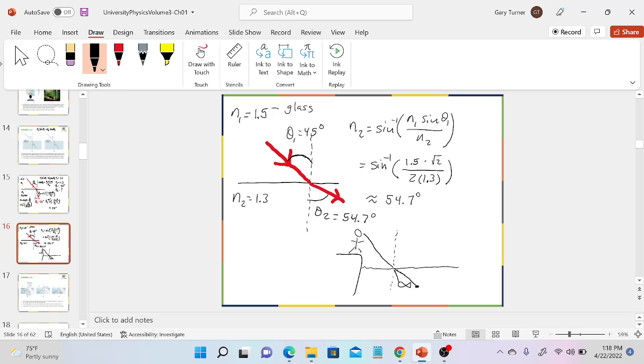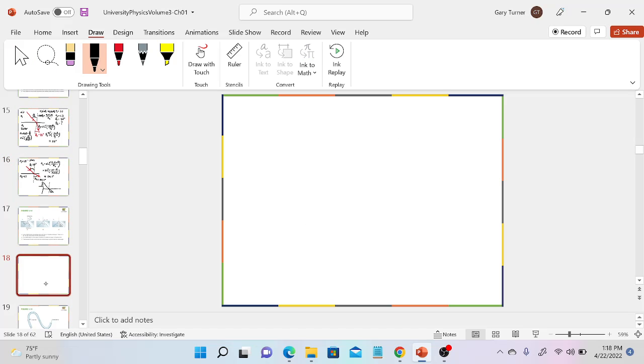And we also have the issue of total internal reflection. So let's explore that for a moment. In this case, let N2 be air, and let's let the incident medium be glass, and we'll let this have an index of refraction of, again, 1.5. So I'm going to put a normal here.